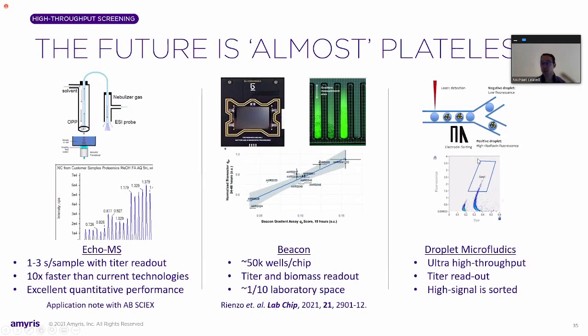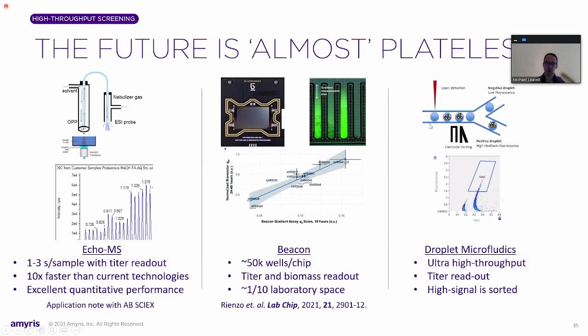The third technology, I think it's even further away than the beacon, but it is very exciting to us because it takes us into the millions of strains per day being able to be evaluated. So that's just an immense throughput, much more than what we can do today. And so this is where cells are encapsulated and grown in oil droplets, with aqueous media on the inside, and the oil droplets encapsulate the cells and they grow there.